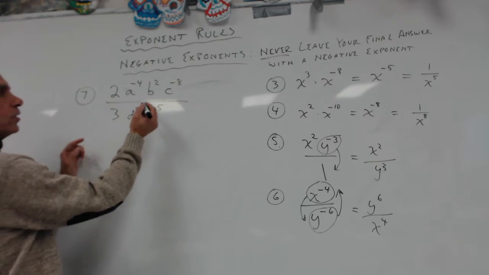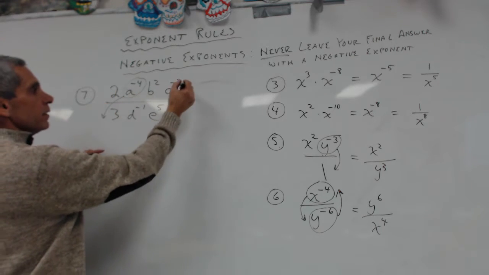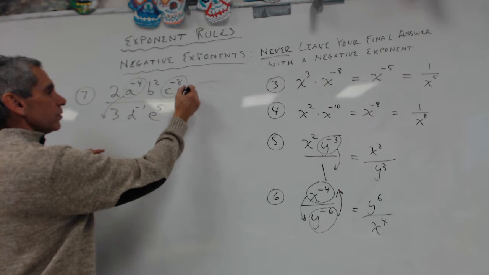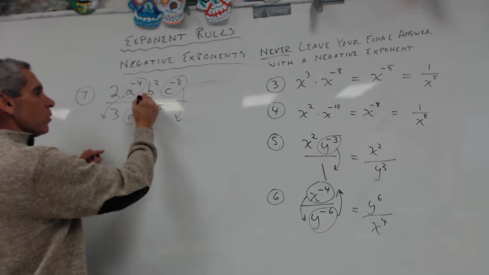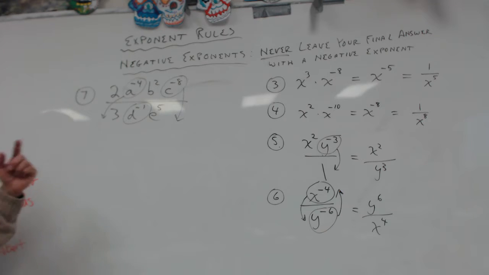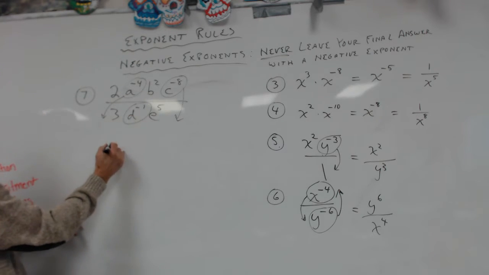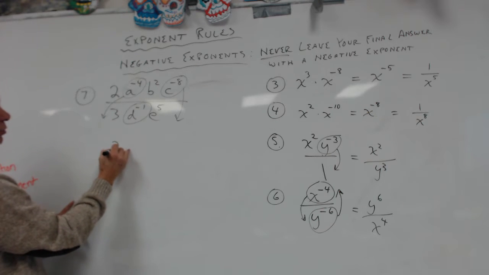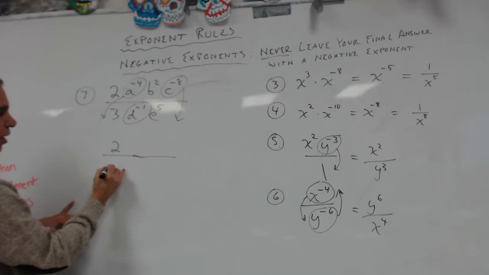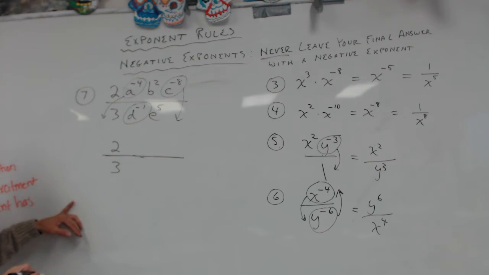But what do I need to do? I know this has to go downstairs, and this has to go upstairs, right? You see what I'm doing? Does that all make sense to you? Anything with a negative exponent has to be swapped to the other side of the line. So I'm going to have 2/3, and I'm going to draw a long fraction line.